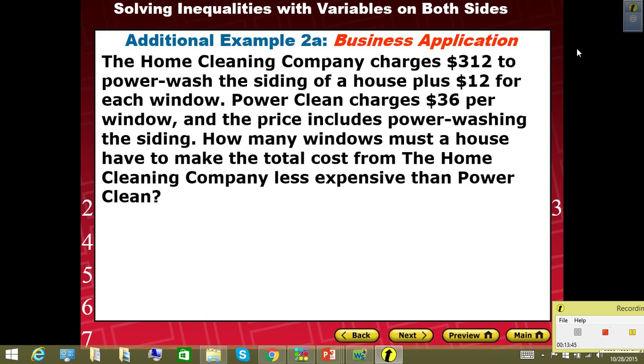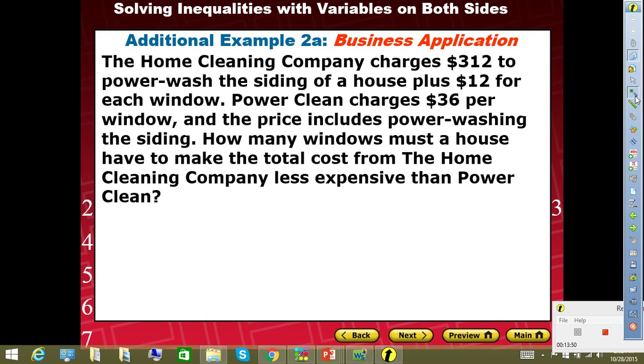Here we go. It says, the Home Cleaning Company charges $312 to power wash the siding of a house, plus $12 for each window. Power Clean, which is another company, charges $36 per window, and the price includes power washing the siding, which means they're not charging extra for the siding.